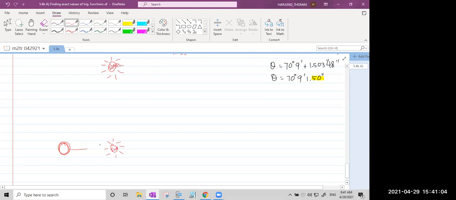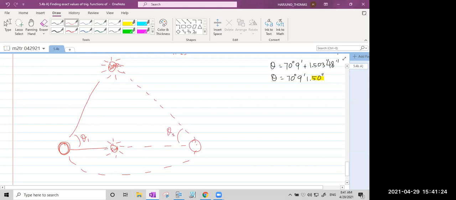Then we will compute the angle. Let's say the angle here is theta 1. And then approximately half a year later, we are on the opposite side of the sun. We also see the angle. Call that theta 2.